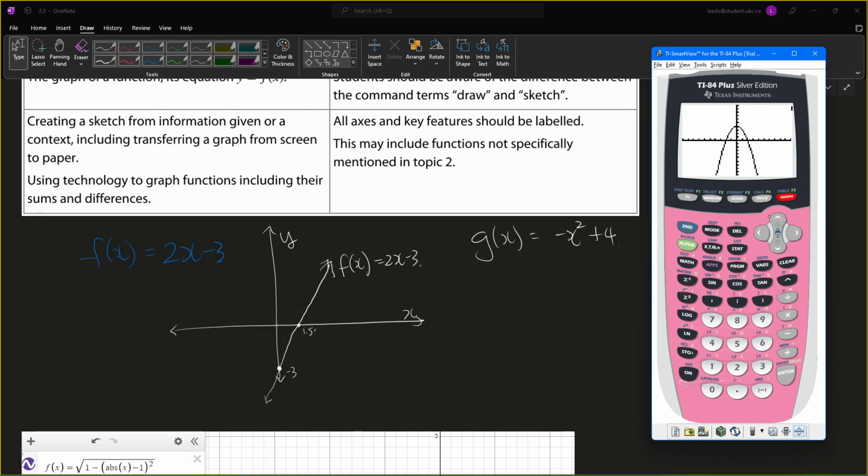Let's see. Perhaps we can tweak the window setting a bit so it looks better. There, it looks better. Now let's draw the axes and label them and plot some important points.